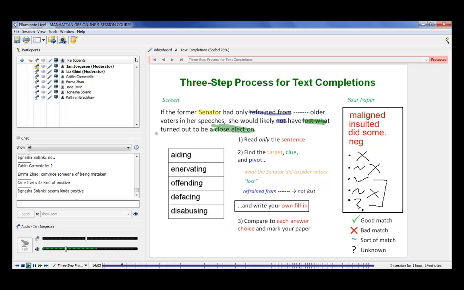I'm trying to decide between a word that I like and a word that I don't know the meaning of. And once again, a couple of you guys know what disabusing means, and we'll come back to that in a second. But let's pretend just for a second we don't actually know what it means. Here we've got a hard decision. We've got to decide between a word we don't know and a word that we do know that we like. If I think offending works really well, I'm choosing it every time.